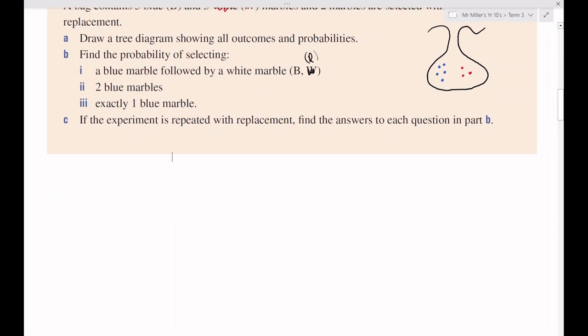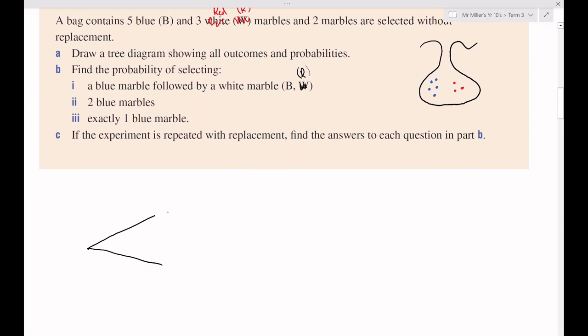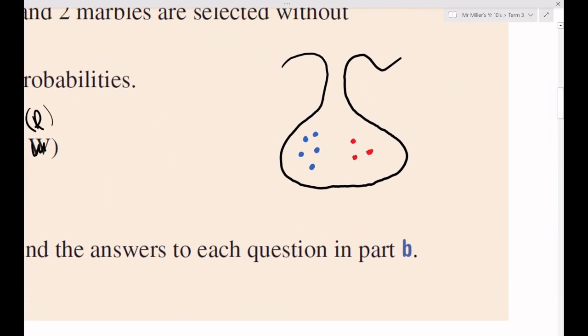If I were to draw out a tree diagram to describe the outcomes here, in my first event, my first selection, so here's my bag, I reach in for the first time and select a marble. There's 2 possibilities: I'd get a blue marble or I get a red marble. So that's my possible outcomes. We can talk about the chance of these possible outcomes too.